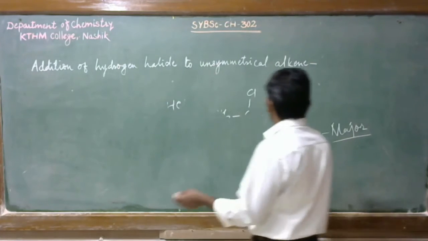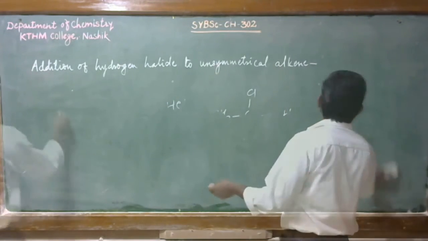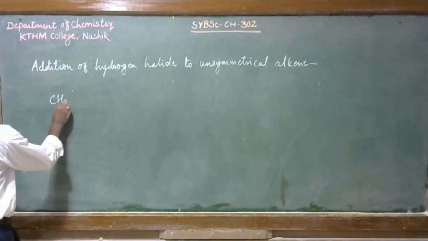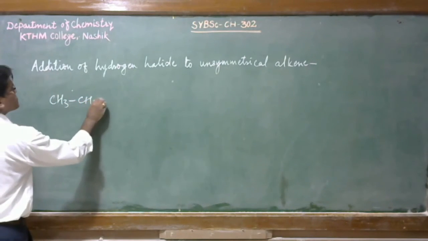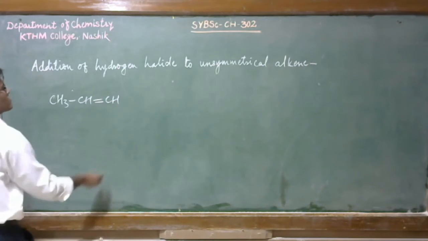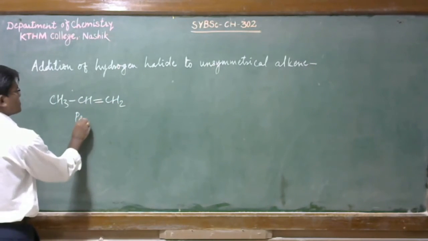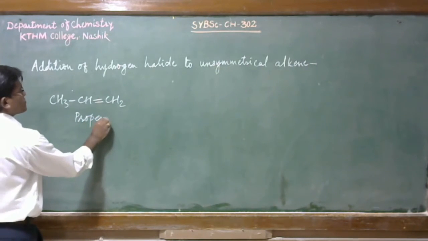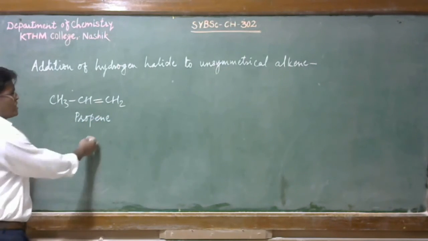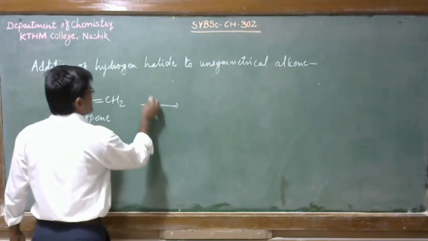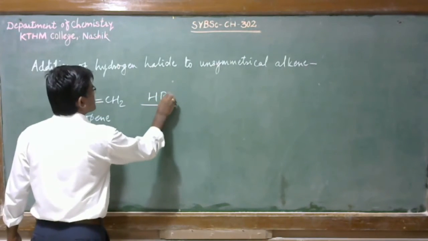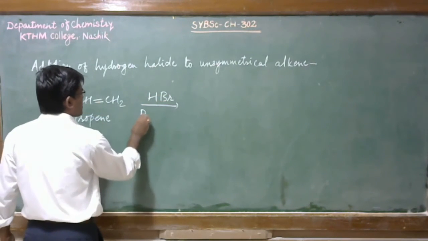Suppose you have propene, which reacts with HBr in the presence of peroxide.